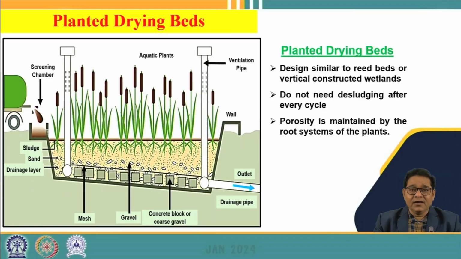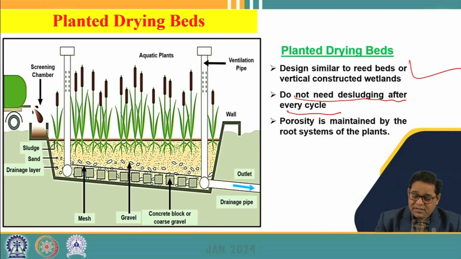But if we see the planted type of sludge drying bed, here we do not require any kind of desludging after every cycle, and this design concept is based on the design of reed beds or constructed wetland systems. Here the porosity which is required for filtration of water is maintained in this system through the root system of the plants which are grown on the top of the bed.